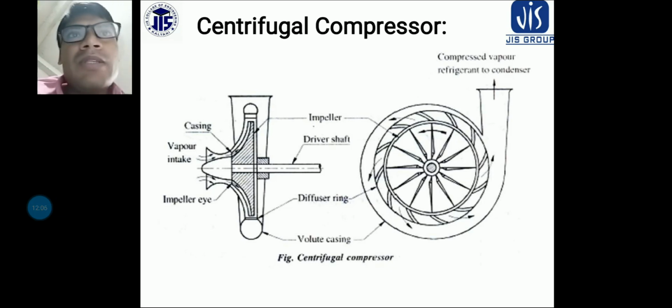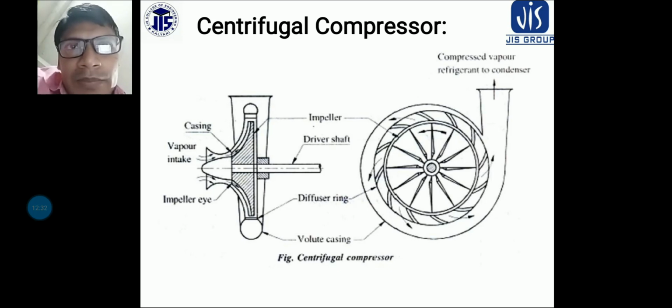At that time the energy required is the same, but due to surging the capacity decreases. This is a main disadvantage of the centrifugal compressor.